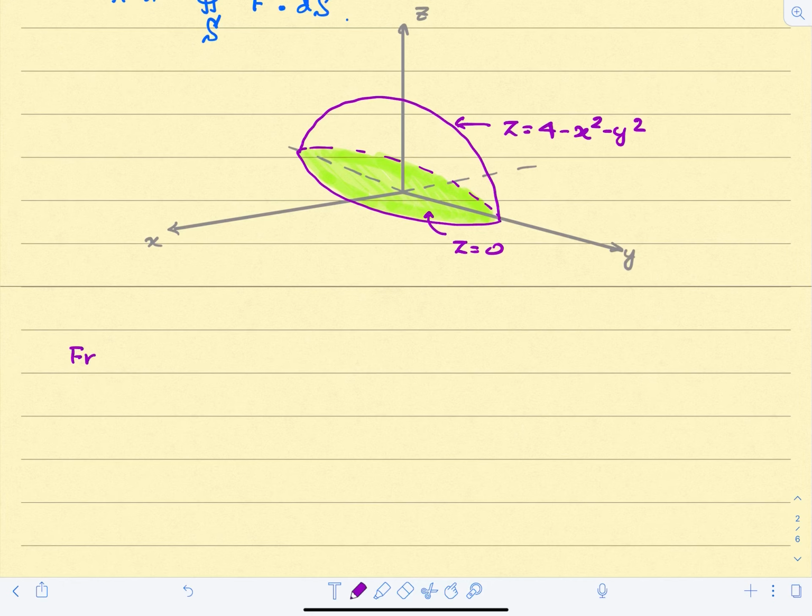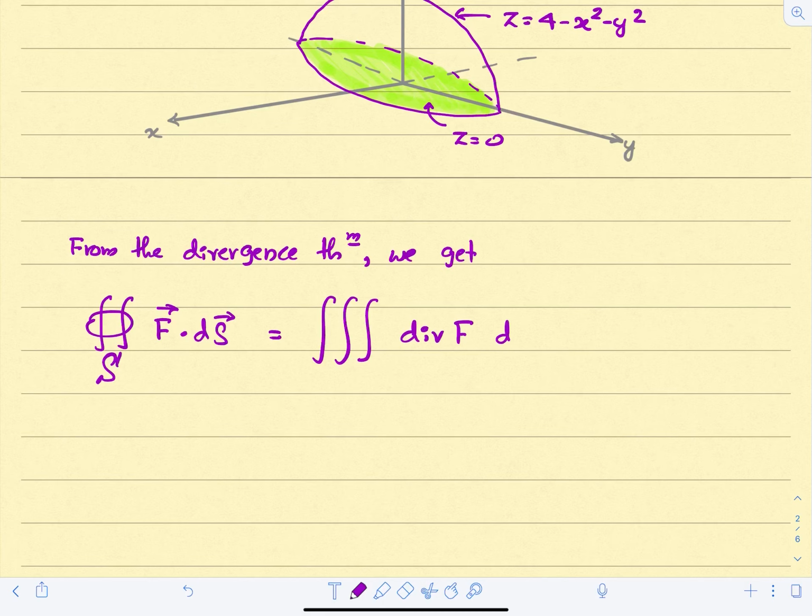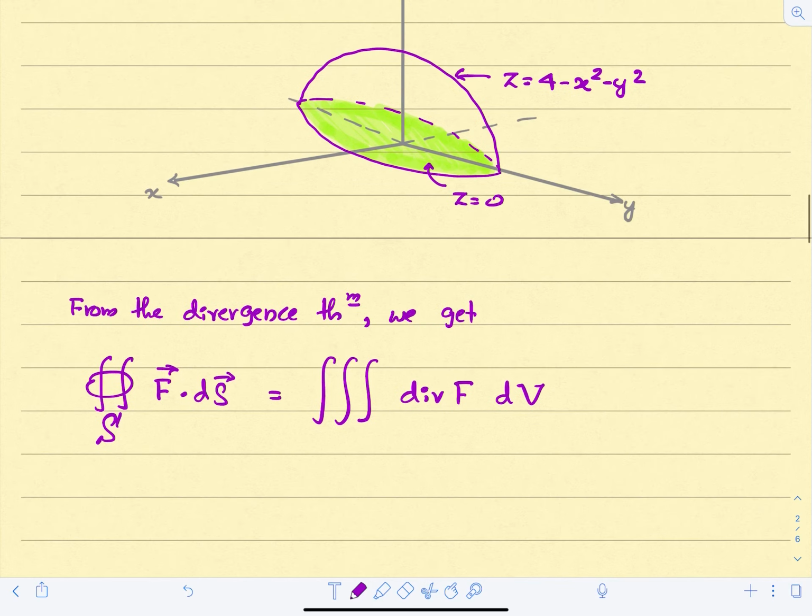Okay, so from the divergence theorem, we get the flux integral over the closed surface S equals the volume integral of the divergence of F over the domain bounded by these two surfaces.